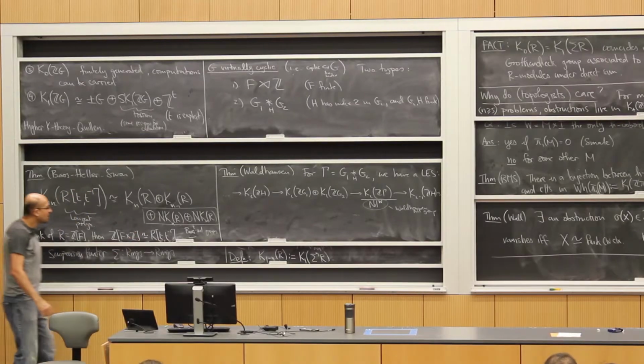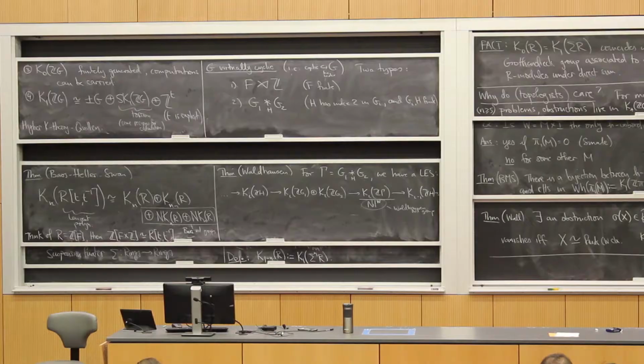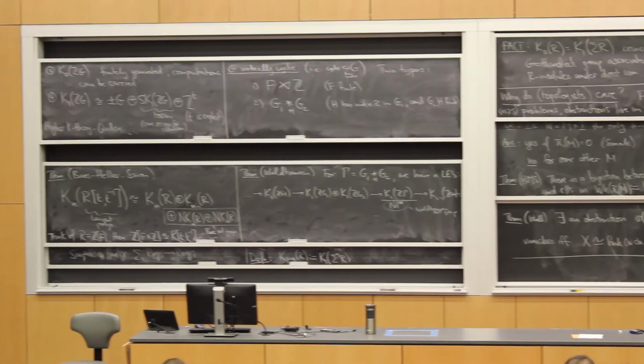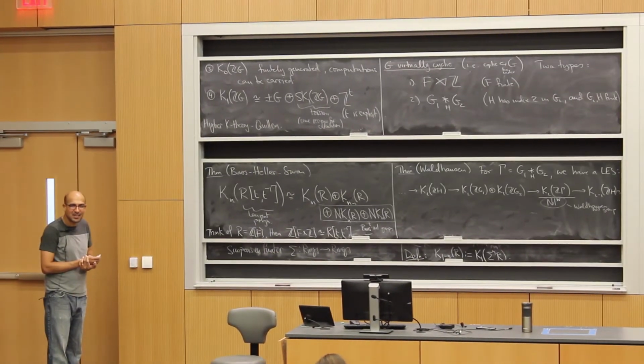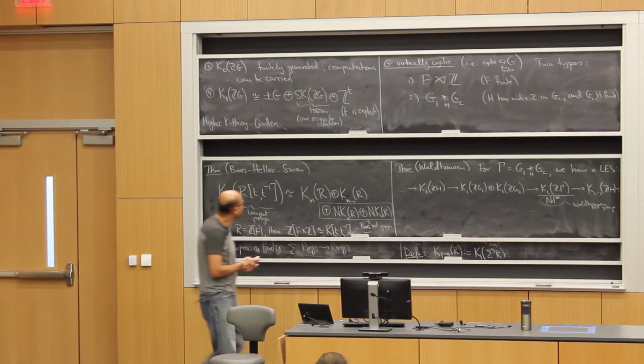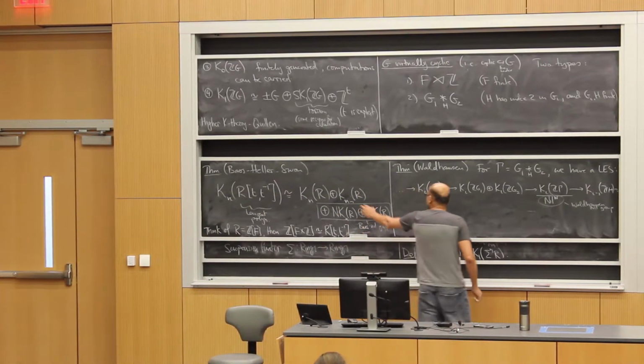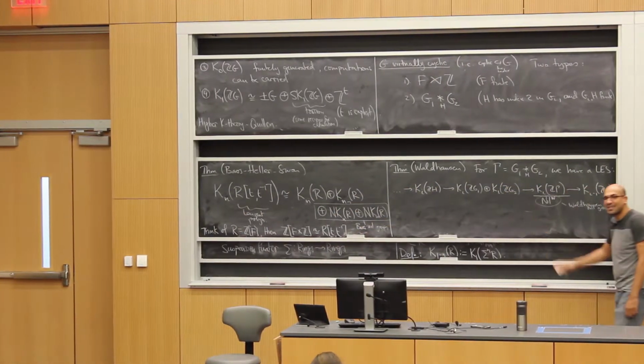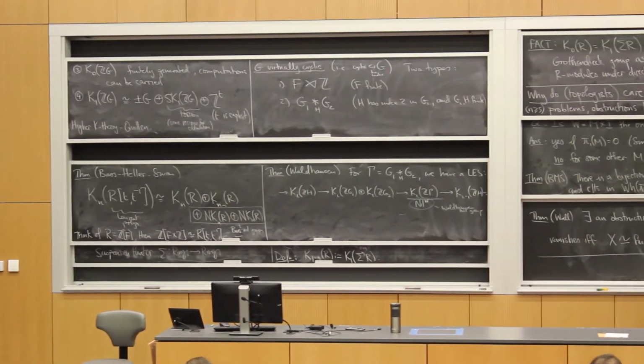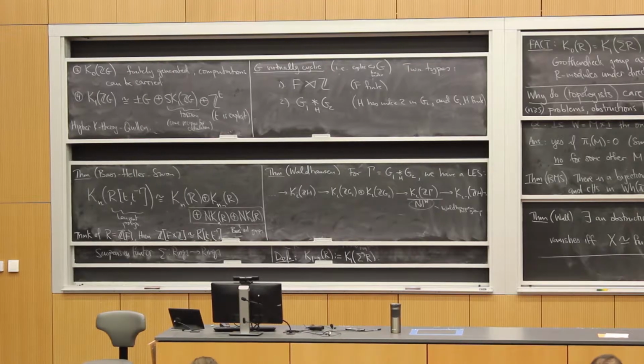Now here's a question. If you're a topologist, this should look a little bit familiar. If you look at this here, and you look at this formula, these are hinting at some sort of topological structure.